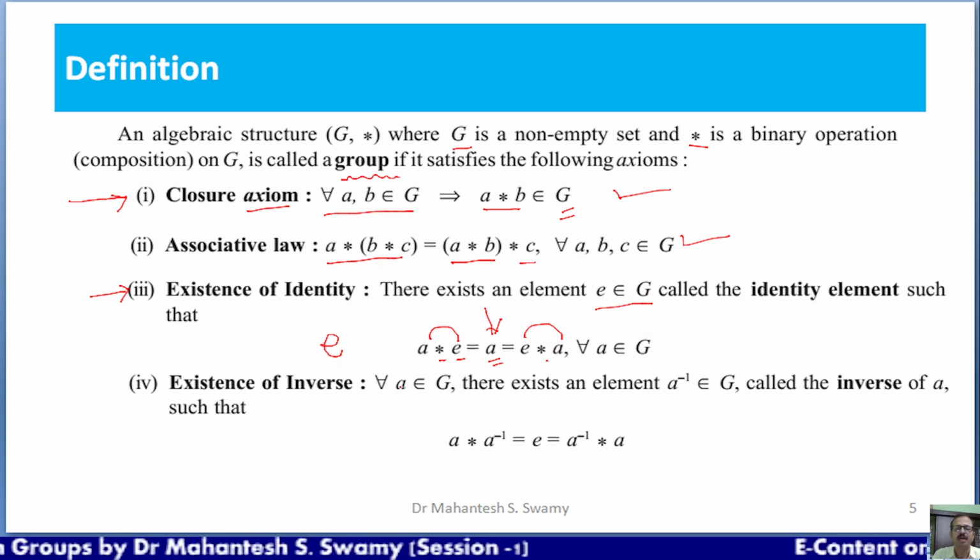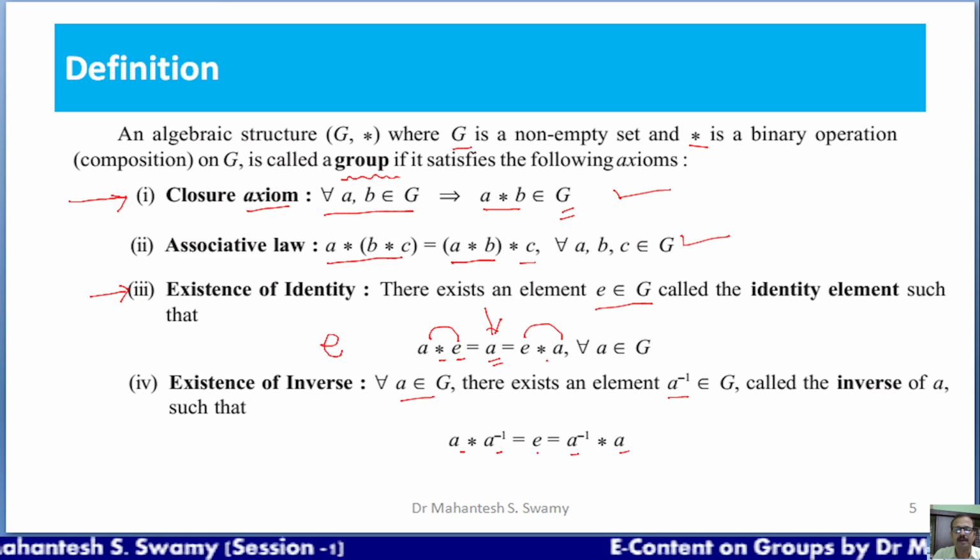It can be anything. Now, for every element A belonging to G, suppose there exists an element A to the power minus 1, read as A inverse, such that A star A to the power of minus 1, and A to the power of minus 1 star A, give the element E back. What is this element E? It is the identity element which we have already identified in the above axiom.